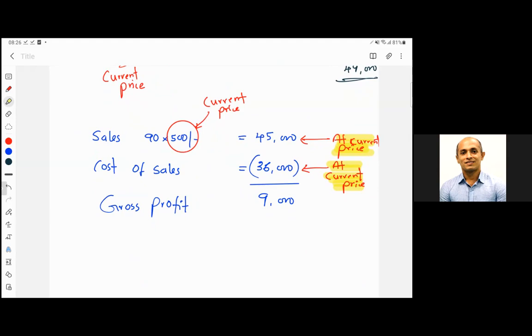Now this profit is not affected by changes in the price level, because both are at current price.